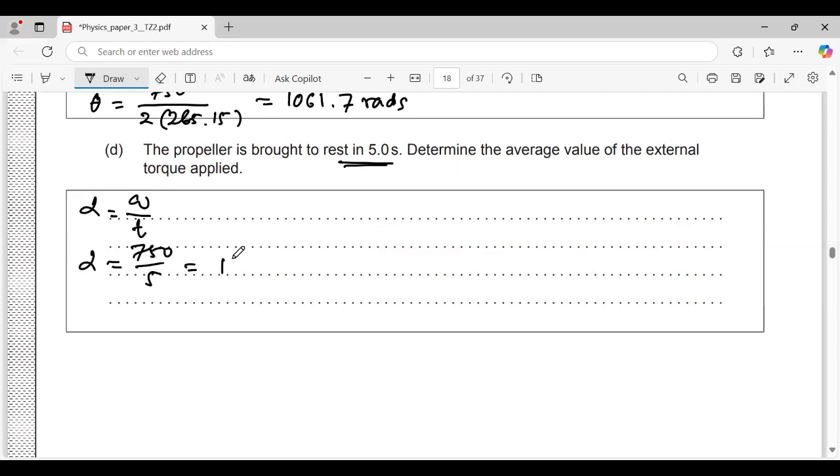And this is 150 radian per second squared. From Newton's second law, we have a formula that tau equal I times alpha.